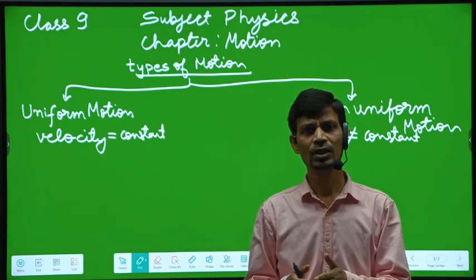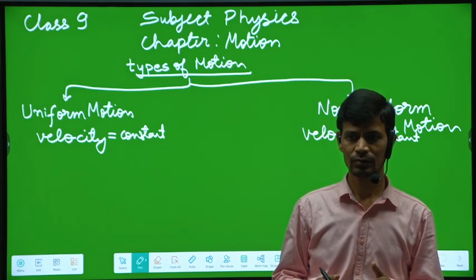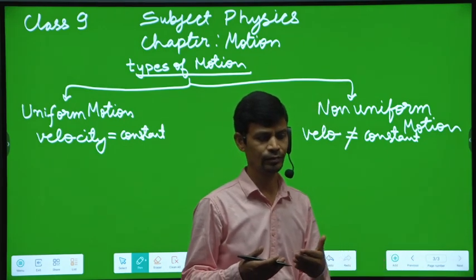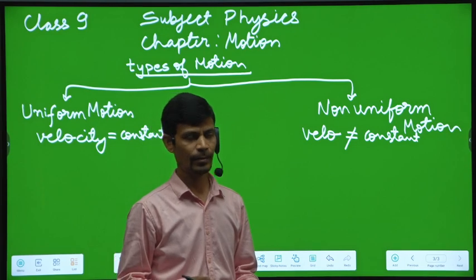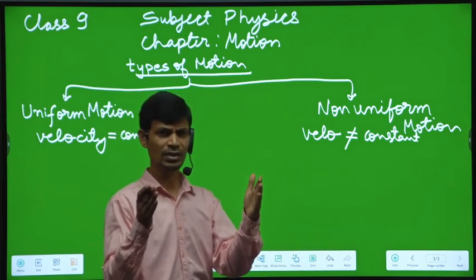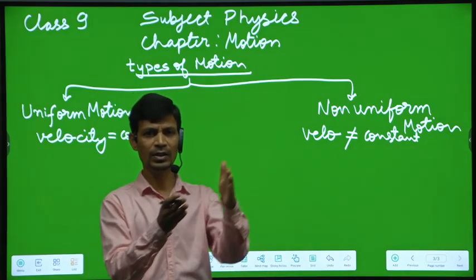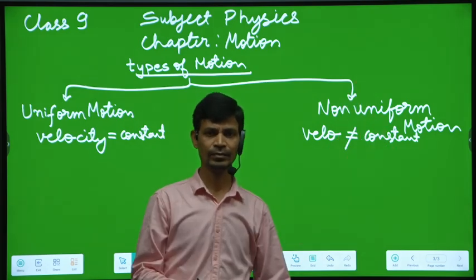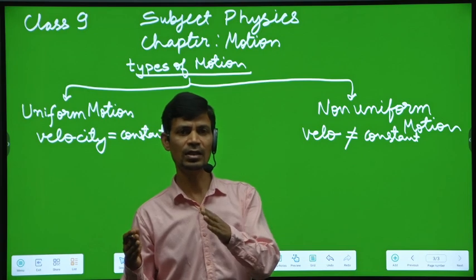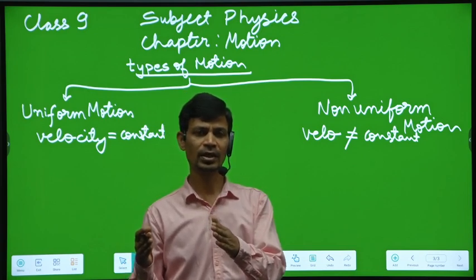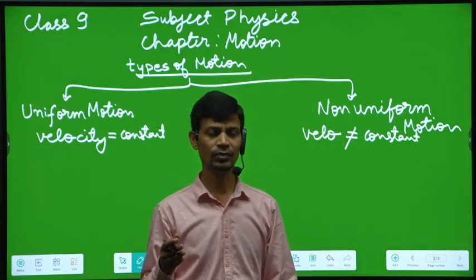That was not increasing or decreasing in a proper order. So there were some discrete values: earlier speed was this and suddenly speed is this and suddenly speed is that. It was not like speed is increasing from 5 meter per second, then it became 6, 7, 8, and then it became 10. It was not like that.